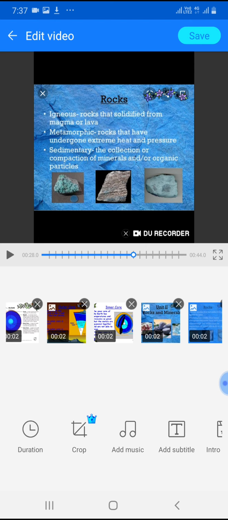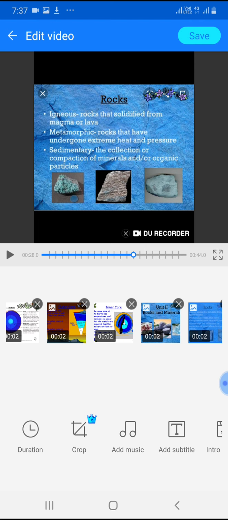Now the sedimentary rock. Sedimentary rocks are formed by sediments, which are small fragments of rocks. For example, sandstone is made from grains of sand. Igneous and sedimentary rocks can change into metamorphic rocks under extreme heat and pressure.